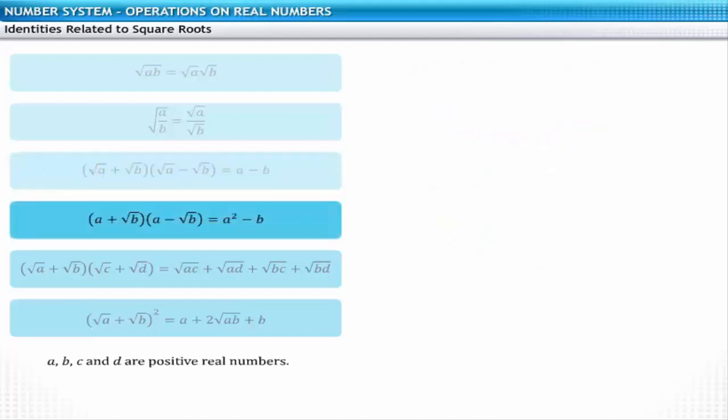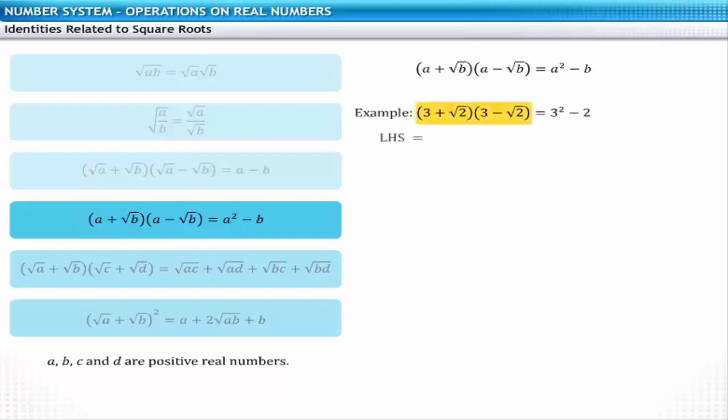The fourth identity is a plus the square root of b multiplied by a minus the square root of b is equal to a square minus b. Now, we'll verify this by using an example. Let's first simplify the left-hand side of the example. Now expand the expression. These two terms get cancelled.